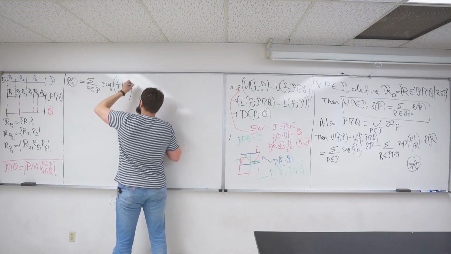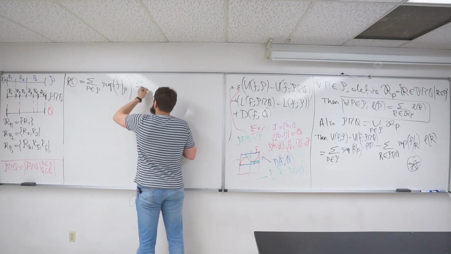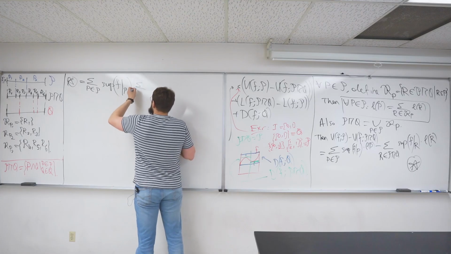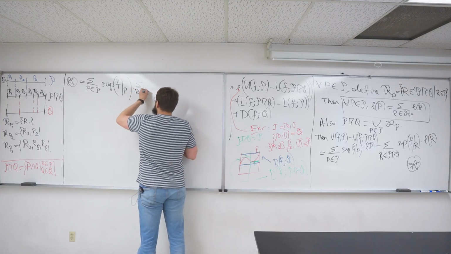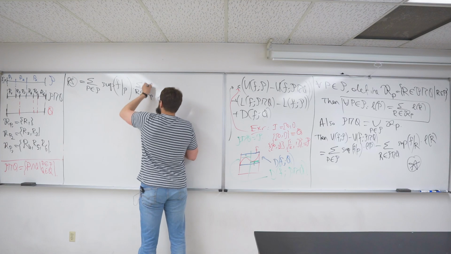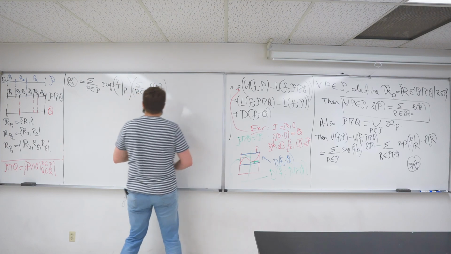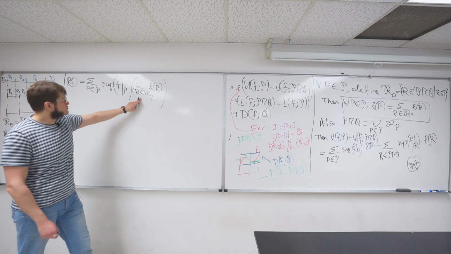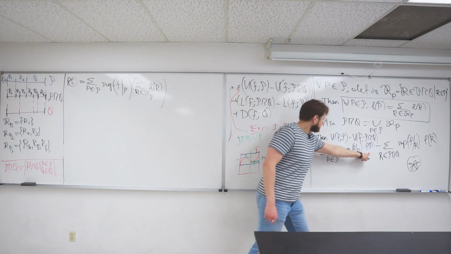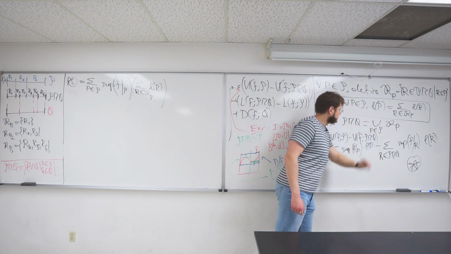It's like this times sum over r in curly r sub p of the length of r. I just replaced this with that.